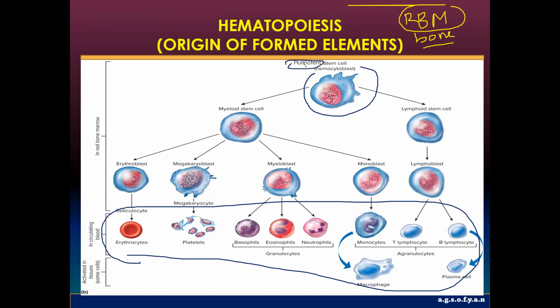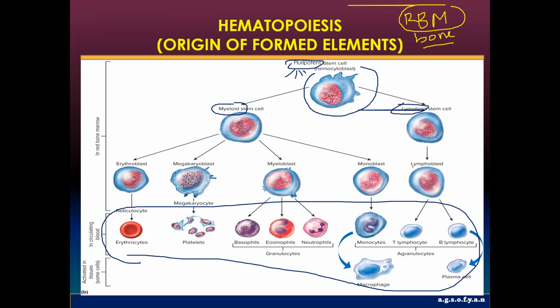Pluripotent means a stem cell that can make several types of other cells. Okay, so from these pluripotent stem cells located in the red bone marrow, it can divide into two types of stem cell: myeloid stem cell and lymphoid stem cell.